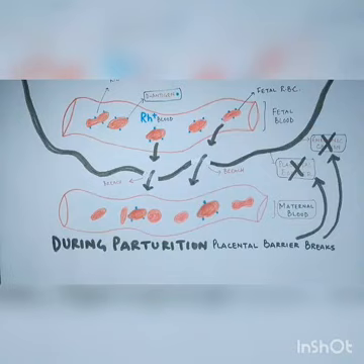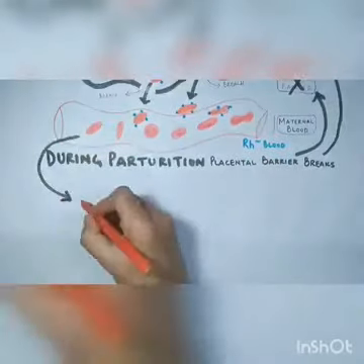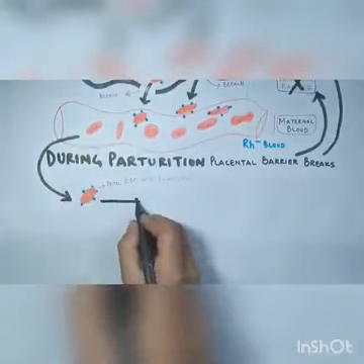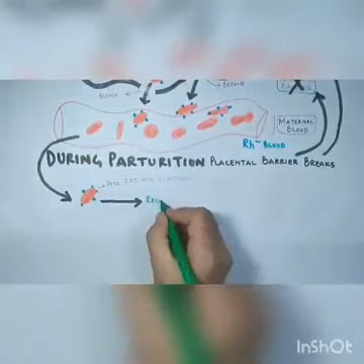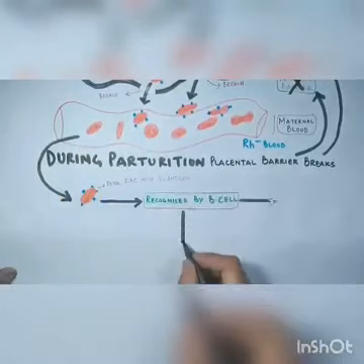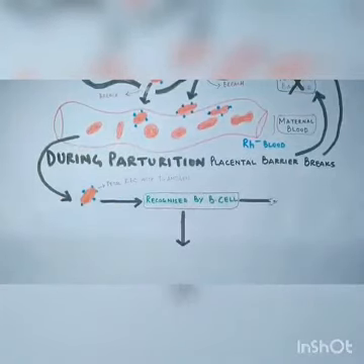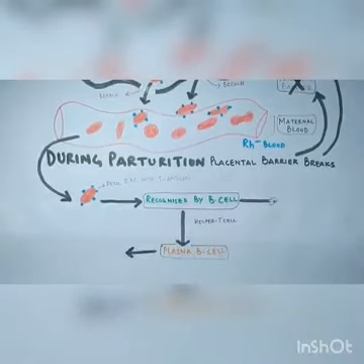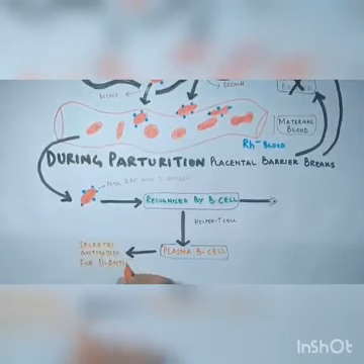So, the immune system of the mother will consider the D antigen as a foreign body and will launch the immune attack. This immune response is Rh sensitizing. The mother's blood is sensitizing to the Rh positive blood. The D antigen is recognized by the B cells, which transform into plasma B cells.